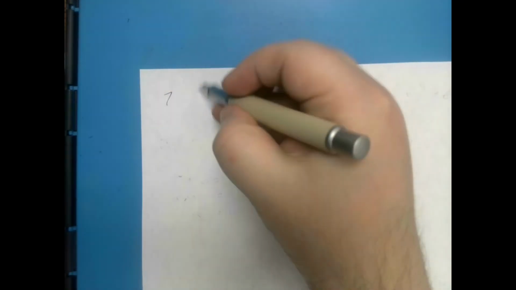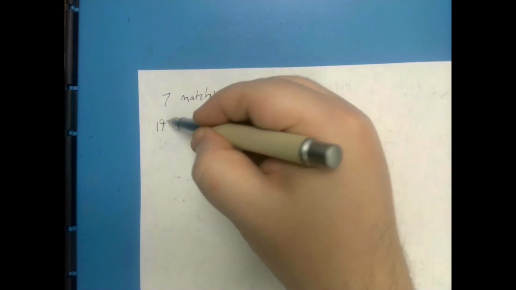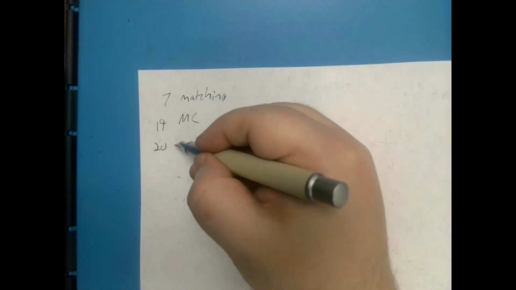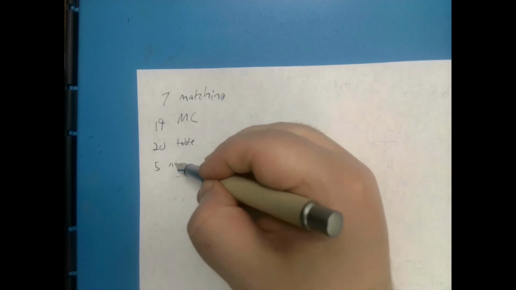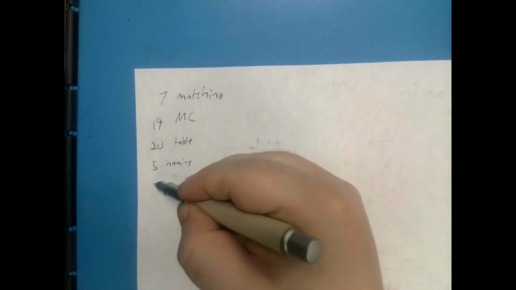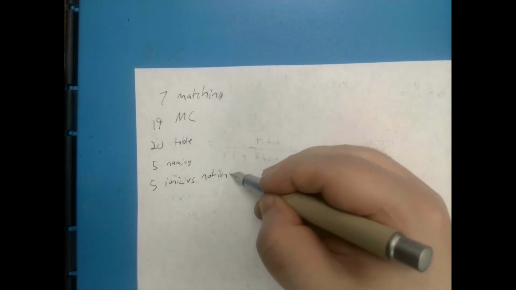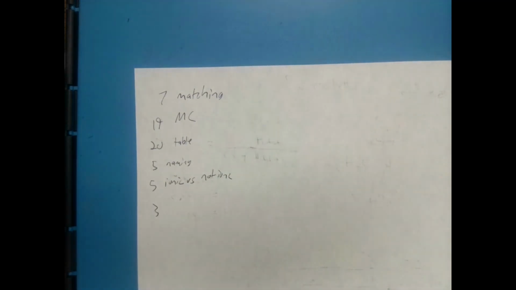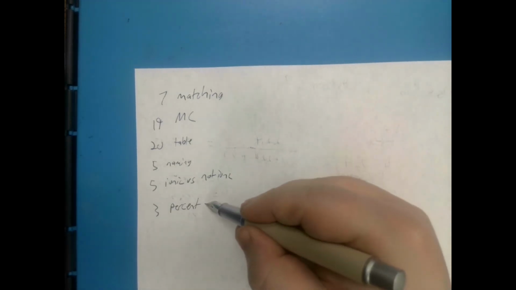So that was 7 matching, 19 multiple choice, 20 for a table, five naming, 5 ionic versus not ionic, and 3 percent composition.